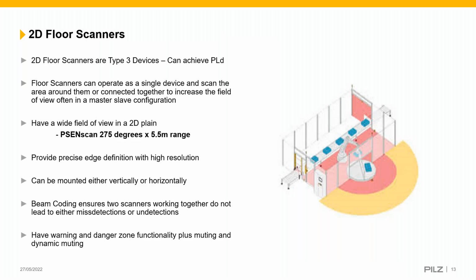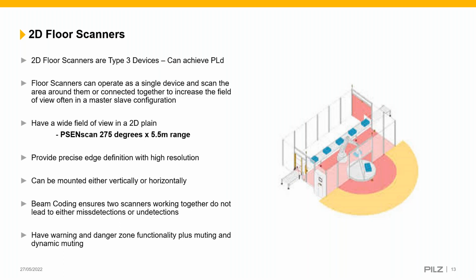So now we move on to floor scanners. So 2D floor scanners, they are a type 3 device generally, and so they'll achieve performance level D. And they can operate as a single device, just scanning the area or the field around them. Or again, they can be series connected together, often in a master-slave configuration, to cover a wider area.